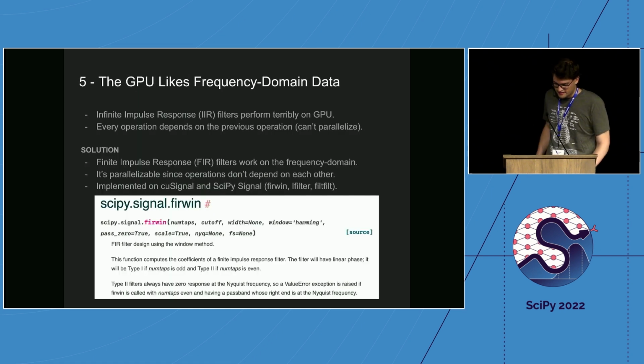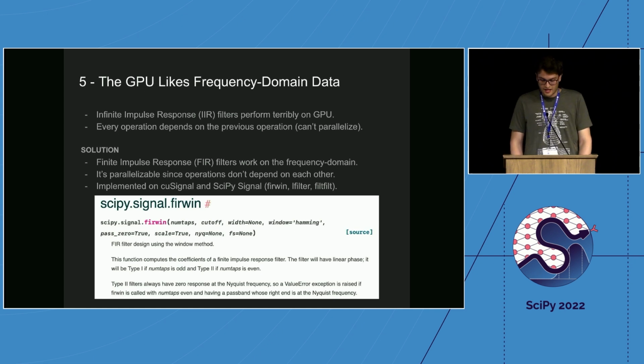And also, the last point here is that GPUs really like frequency domain data. For example, infinite impulse response, IIR, filters perform terribly on GPUs because every operation depends on the last operation. So you can't easily parallelize this, and it's a nightmare to run on a GPU.